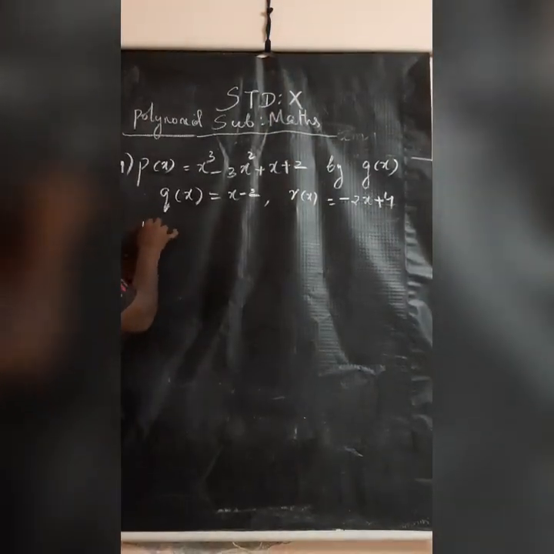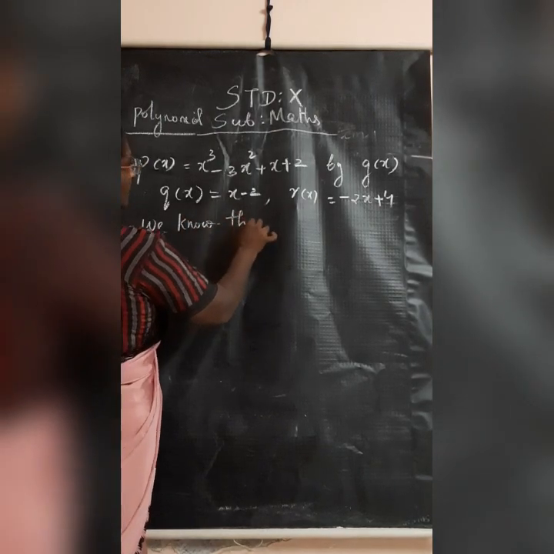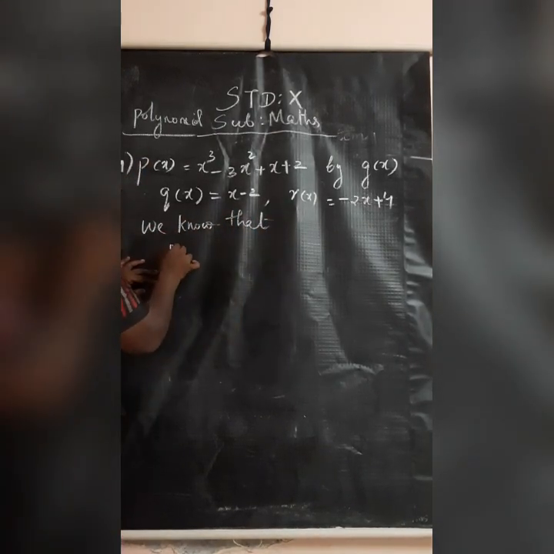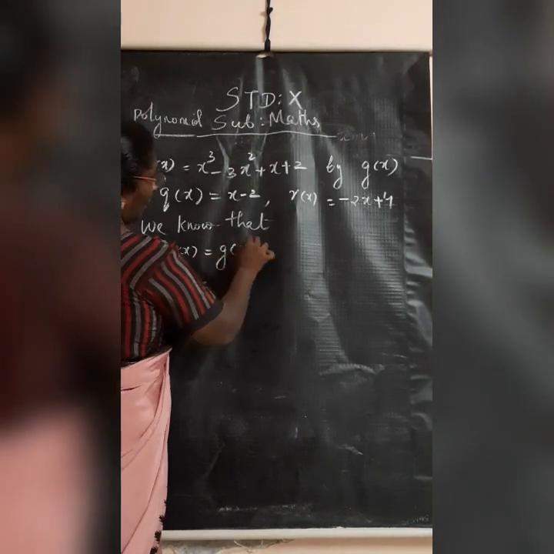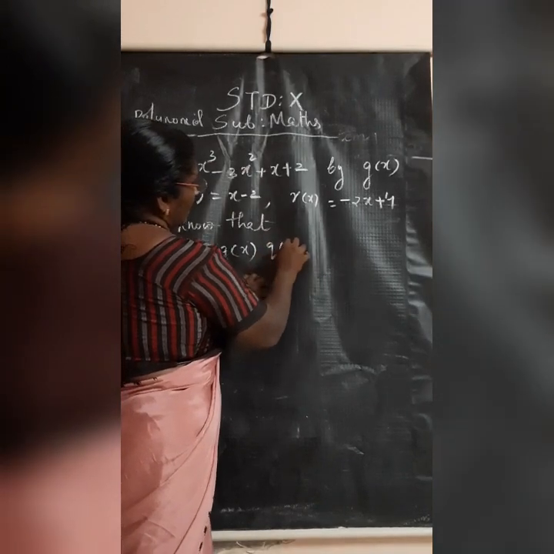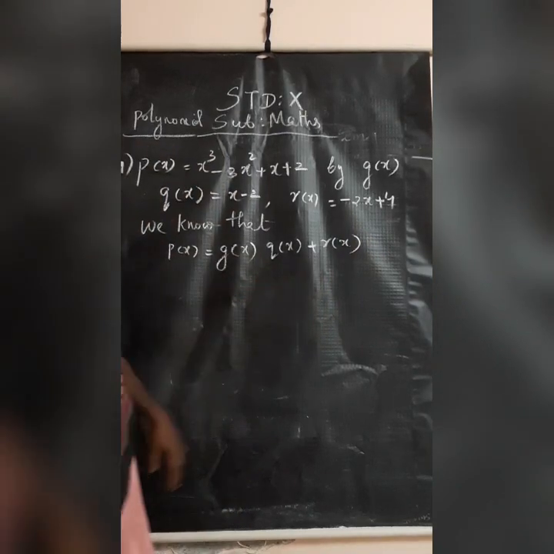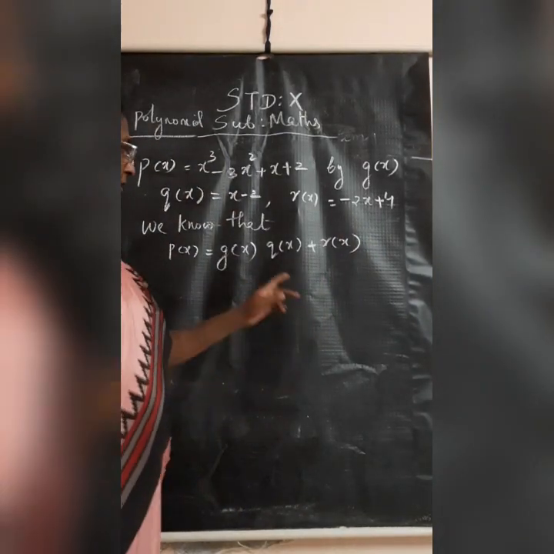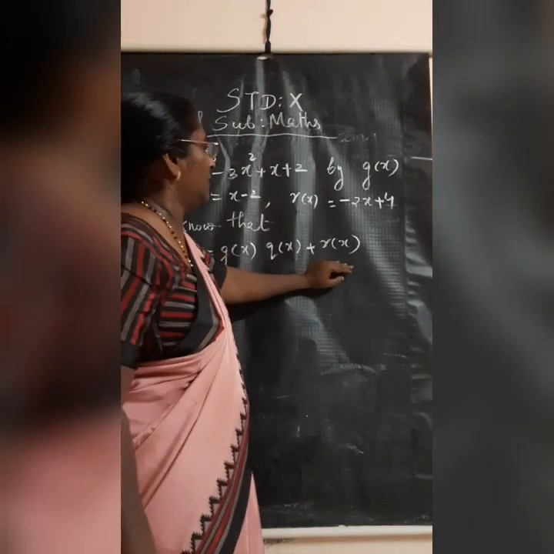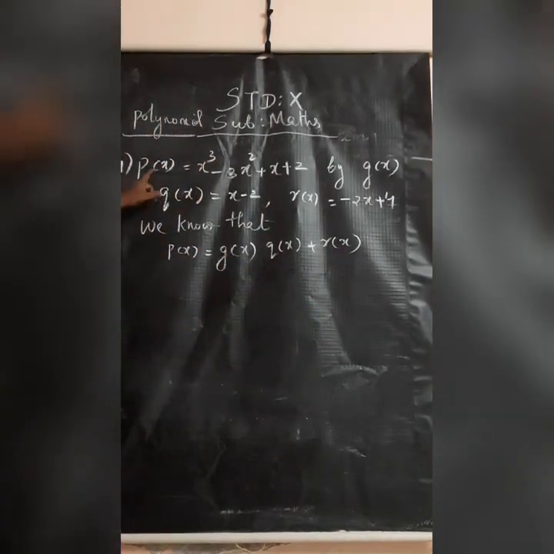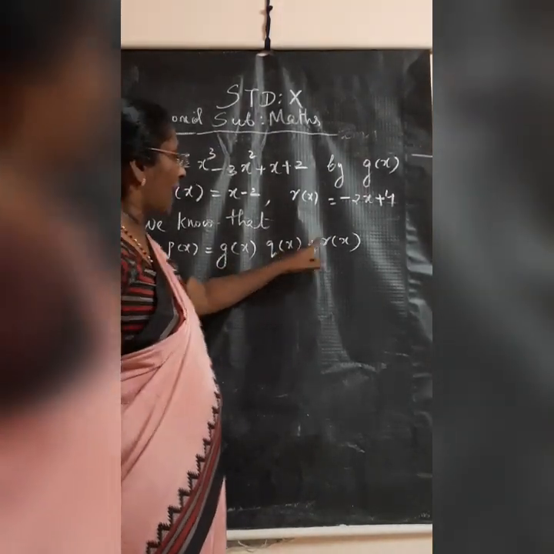Division algorithm, we know that p of x is equal to g of x into q of x plus r of x. This is your division algorithm. I explained it in the previous class. Here in this equation, which are you knowing? P of x knowing, g of x not knowing, q of x knowing and r of x knowing.